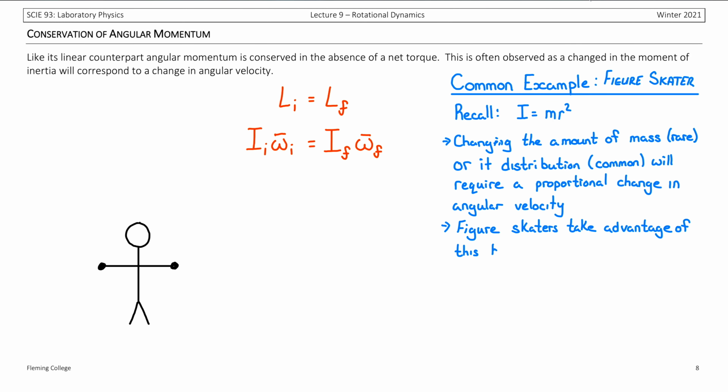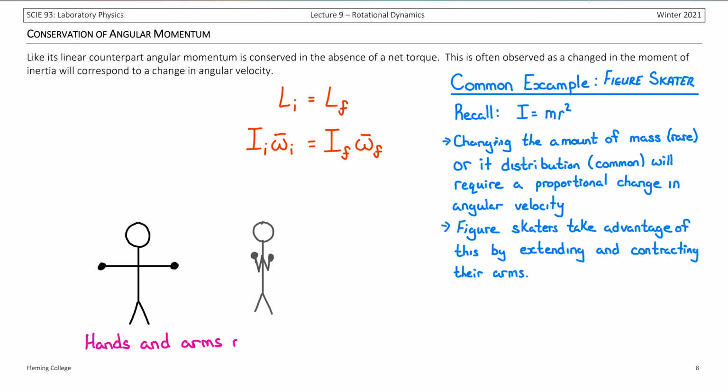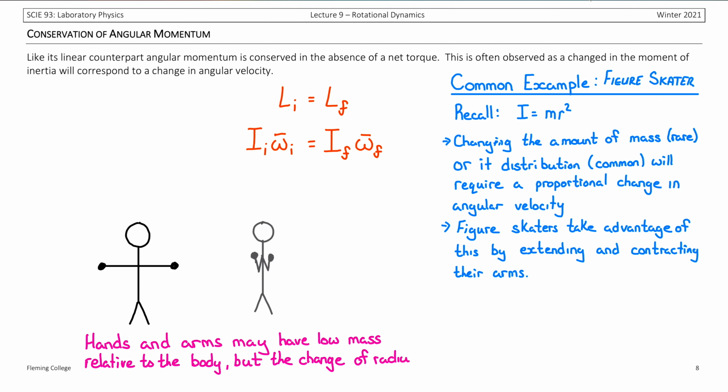So figure skaters take advantage of this by reaching out and pulling in their arms while they're spinning. You may note that hands and arms have low mass relative to the rest of the figure skater's body, but the change of radius is more impactful when it comes to angular momentum. This is because of that squared factor on the radius.